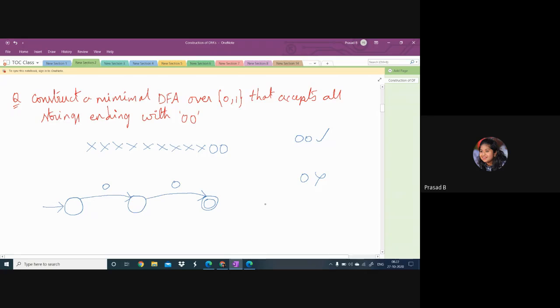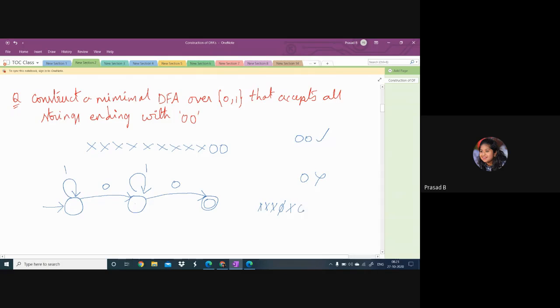Now we have to convert into DFA. So as long as 1 comes in the initial, I will be in the initial only. Again 1 initial, again 1 initial. Now 0 comes, I will go to the second state. And in the second state, suppose 1 comes, I will be here. Okay.